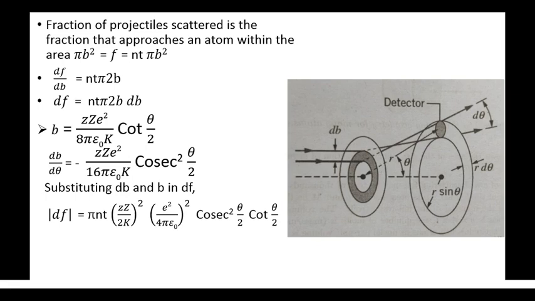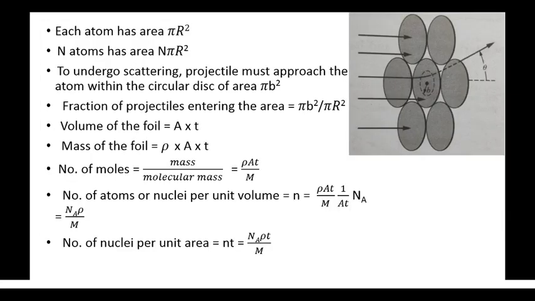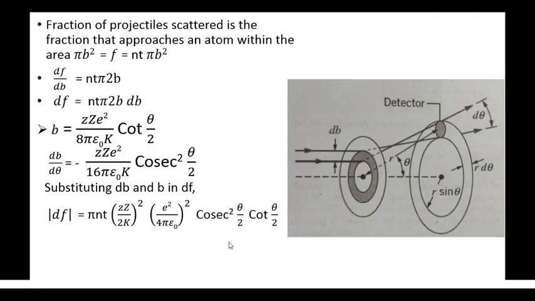Whenever the alpha particles enter this area, only then do they get scattered. So we had already found an expression, the number of nuclei per unit area, and each unit area consists of this many nuclei, and the alpha particle is entering an area pi b square.